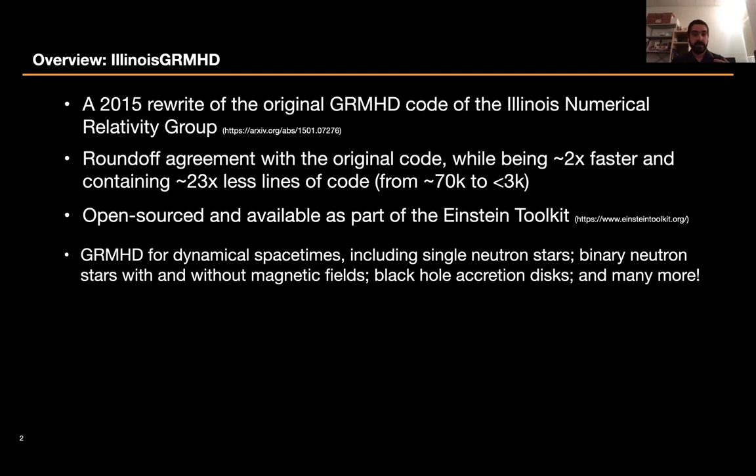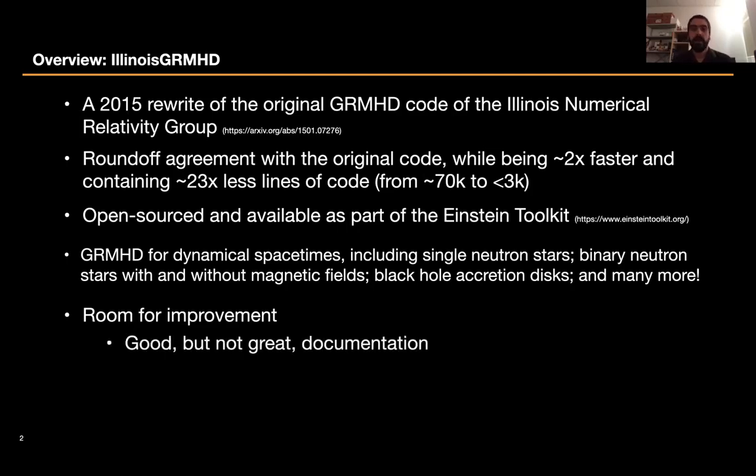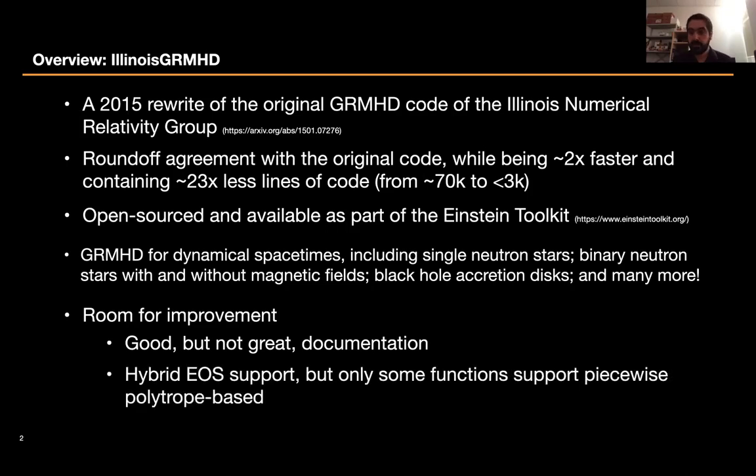So what I'm going to be talking about today is where we still saw room for improvement in the code. It was a code with good, but perhaps not great, documentation, so that was one of the things that could be improved. It had hybrid EOS support, which I will also discuss a little in the next slides.